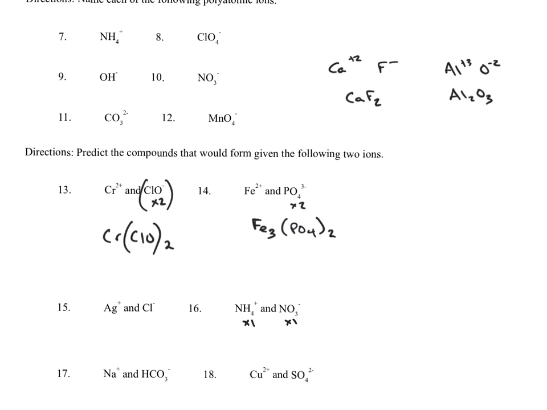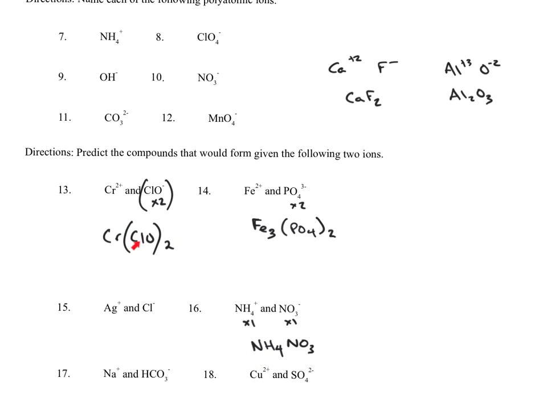If I only need 1 of each, I do not put these in parentheses. Ammonium is NH4. I don't need to worry about charges because they should all equal 0 when I'm done. And nitrate is NO3, just like that. Since I only need 1 of them, I don't put any parentheses around it. That's an important point.